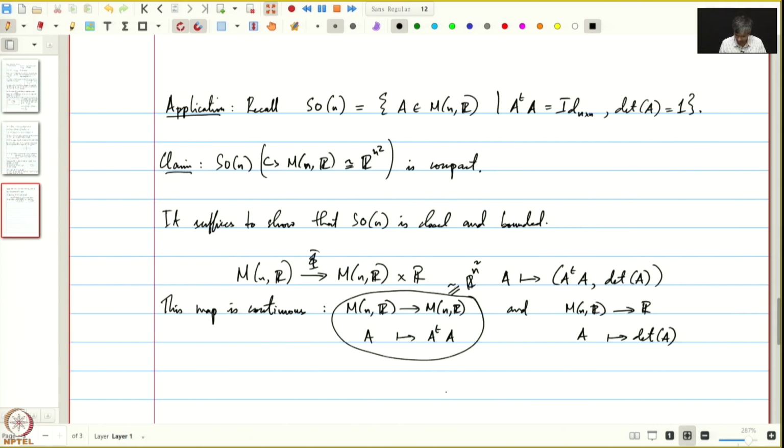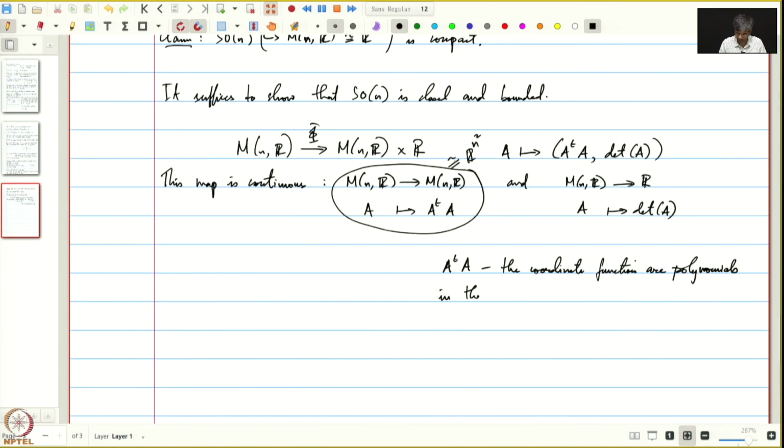But once again, when we look at A transpose A, the coordinate functions are polynomials in the entries of A. So thus A goes to A transpose A is continuous. So this shows that phi is continuous.